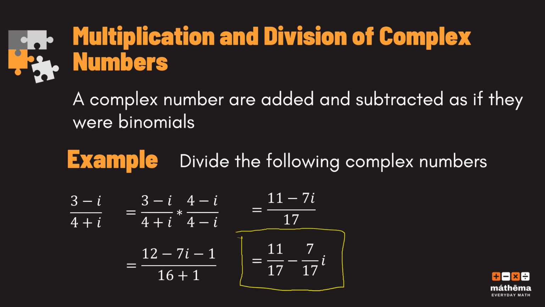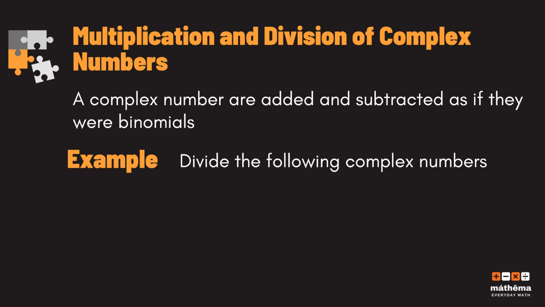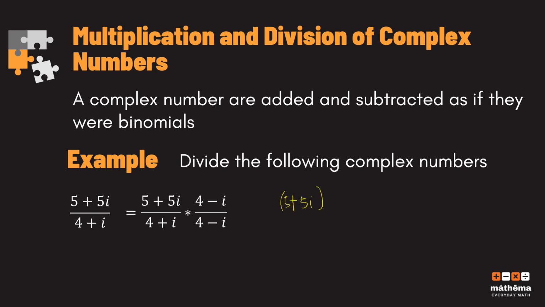Alright, final answer. Next, 5 plus 5i over 4 plus i. So again, the conjugate of 4 plus i is just 4 minus i. So let's try to compute first our numerator. We have 5 plus 5i times 4 minus i.